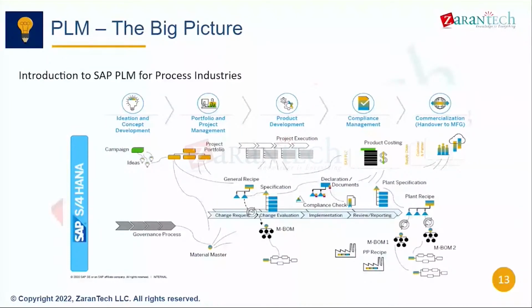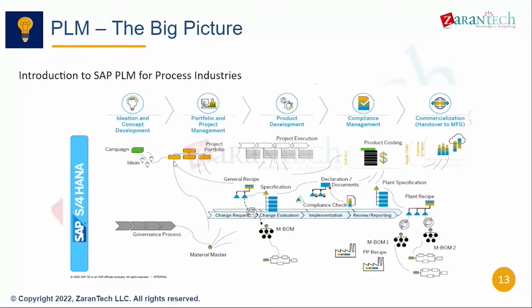Then different suppliers can bid, they can provide their product or raw materials which they are going to supply, and it can be seen within SAP PLM, and that's why you can see here ideas and campaign. Collaboration can be done here.